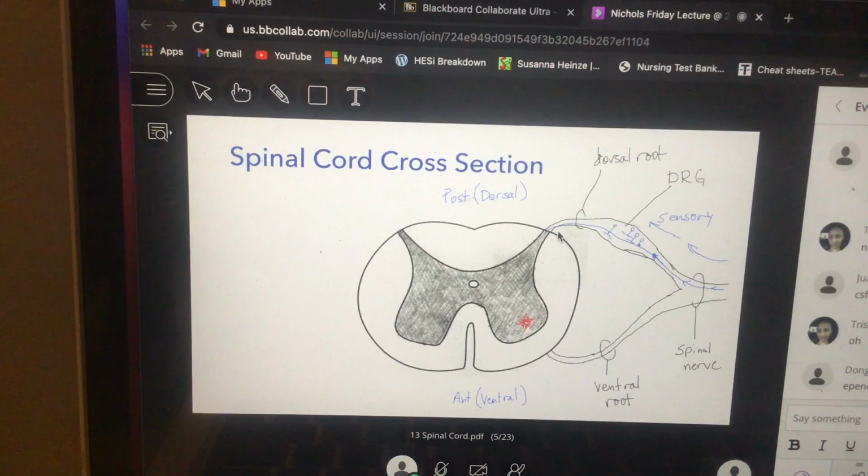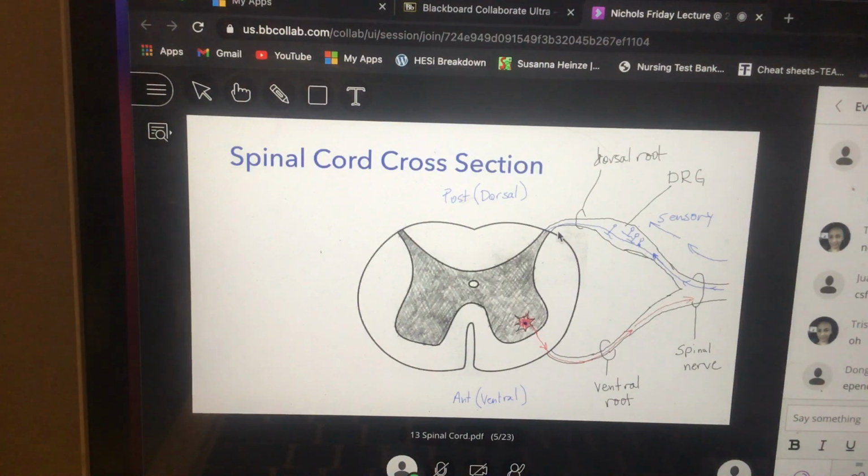Let's make it a dark purple little nucleus right there. That doesn't show up very well. Let's make it a little darker. There we go. So there's the nucleus of a multipolar motor neuron. Now remember, the sensory ones are unipolar. This motor neuron's axon is now going out of the spinal cord by way of the ventral root.